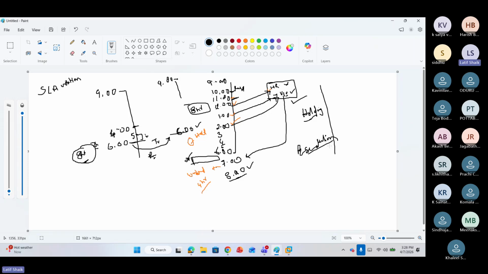So what you have to do is escalate the issue to a higher level, like P2 level, P3 level. They will look into the issue and resolve it. Okay, that is escalation. While escalating, you have to specify why you are escalating this issue.